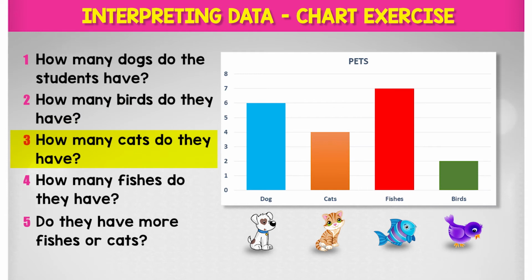How many cats do they have? How many fish do they have? Do they have more fish or cats? Again, the information is not spelled out to you. You have to be able to look at the graph, use the bars and the numbers to determine what the information would be.